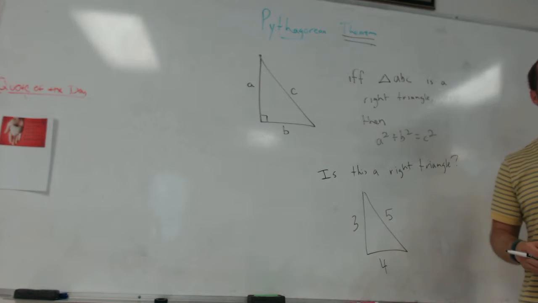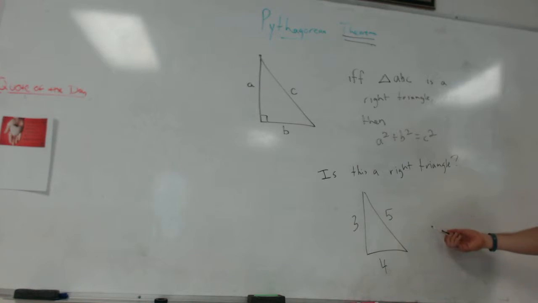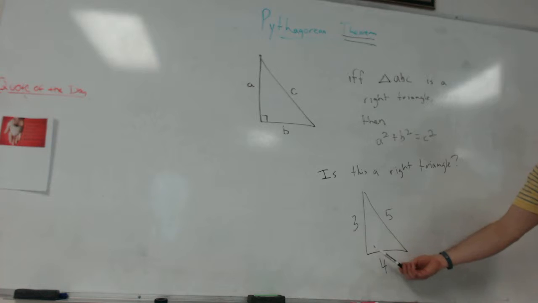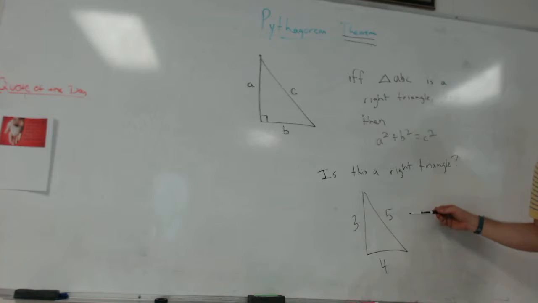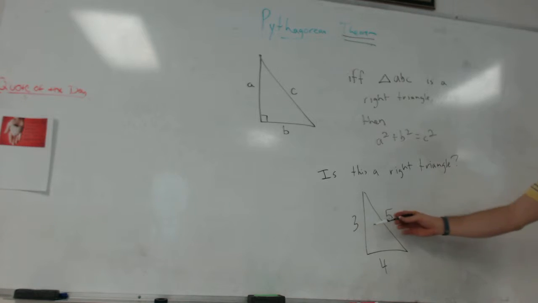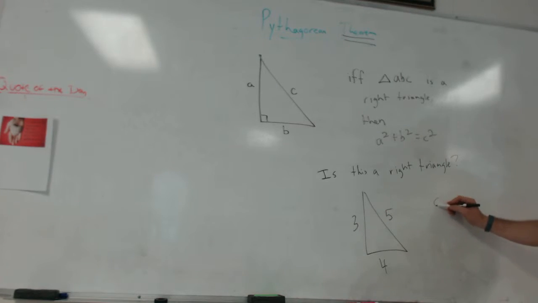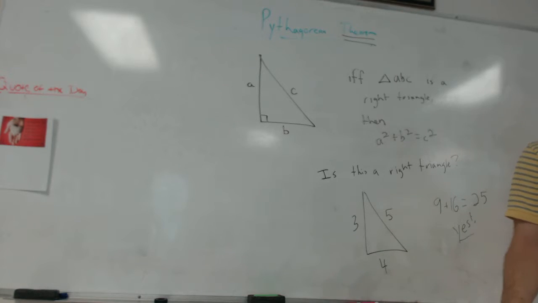If A squared plus B squared equals C squared. C is always the hypotenuse. So we take 3 and we square it, that's 9. We take 4 and we square it, that's 16. Does that equal 5 squared, which is 25? Yes. So 3, 4, 5 is a right triangle.